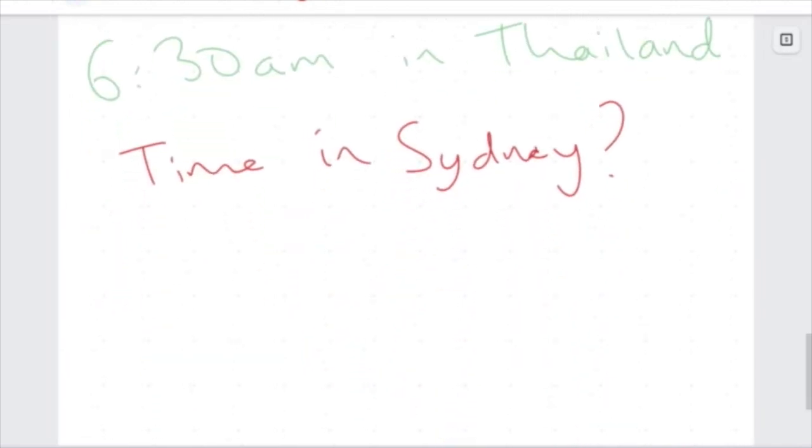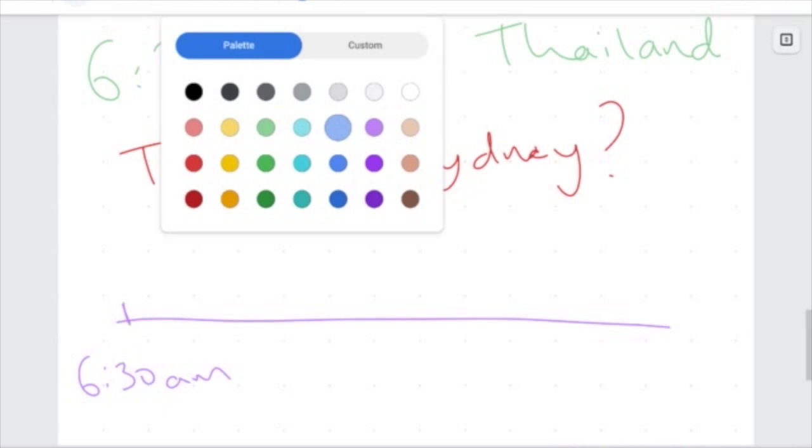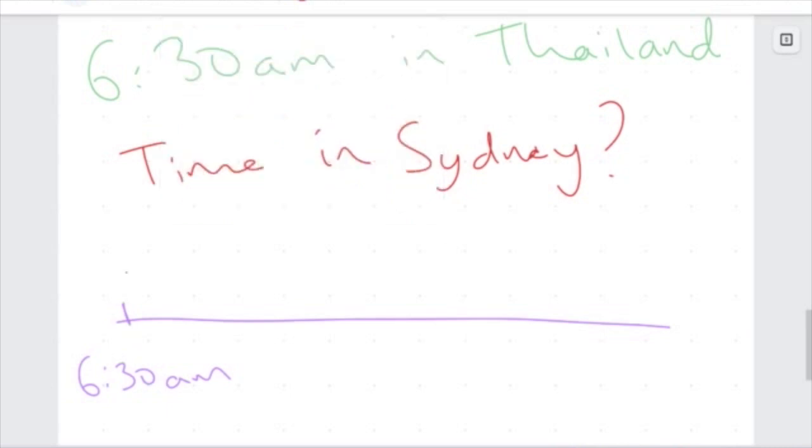So if I draw my timeline again here, it's 6:30 a.m. in Thailand. I want to find what time is 3 hours ahead, and that's going to give me my time in Sydney.